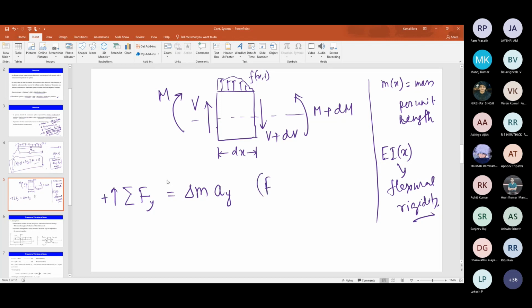Force equals mass into acceleration in this direction. This is the force equation. So now please write it here and tell me the expressions. Just sum up the forces and tell me what you are getting.